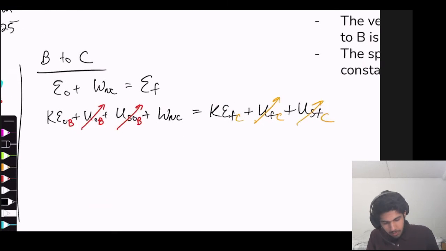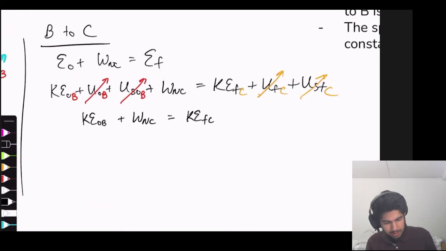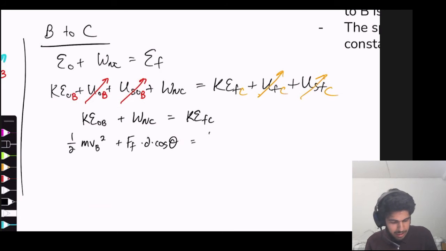Beautiful. So simplified, we have KE initial at B plus work non-conservative equals KE final at C. All right, let's use our equations for this. 1/2 m vB squared plus F sub f times d times cosine of theta equals 1/2 m vC squared.